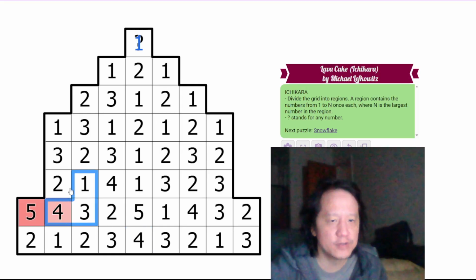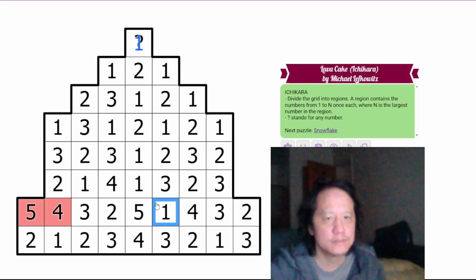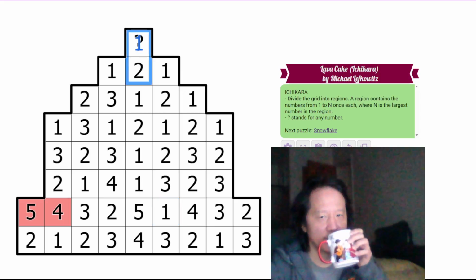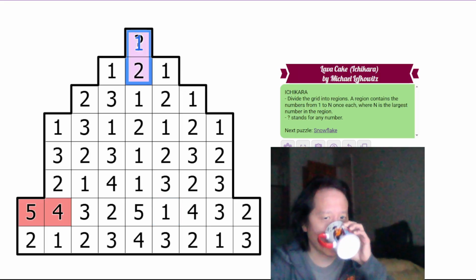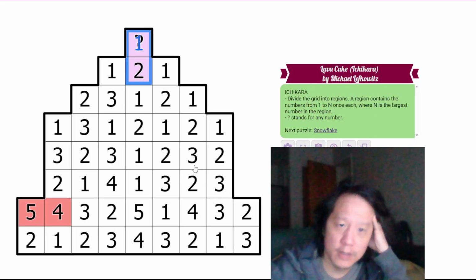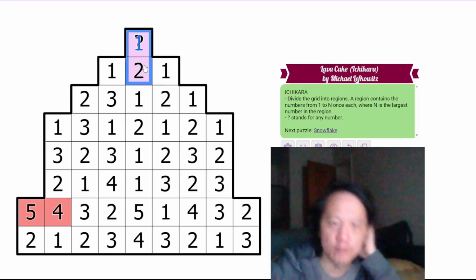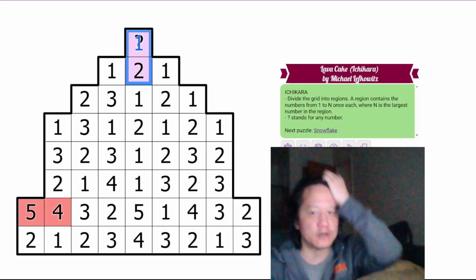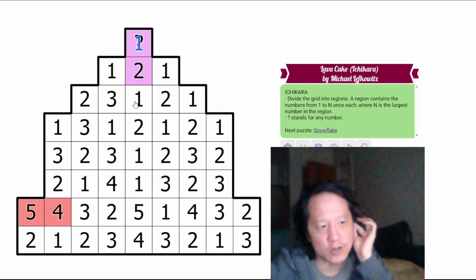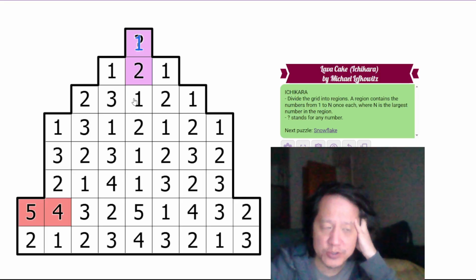This could be 3, 2, 1 here. This one has to be part of that too, because there's no other place for it, and 1 is not part of a region, right? Because we have 15 ones, but we also have 15 twos.